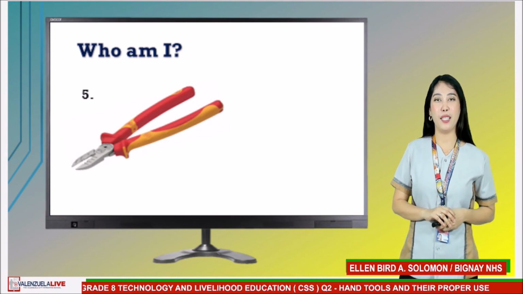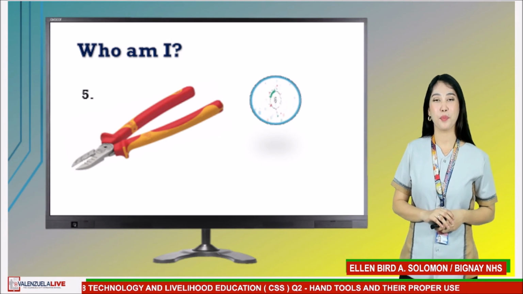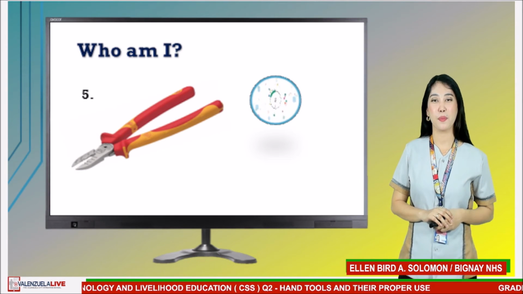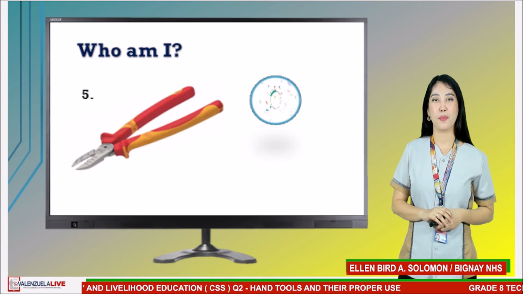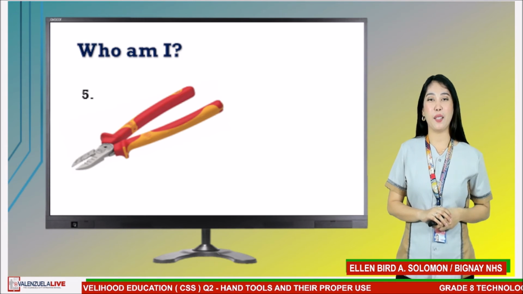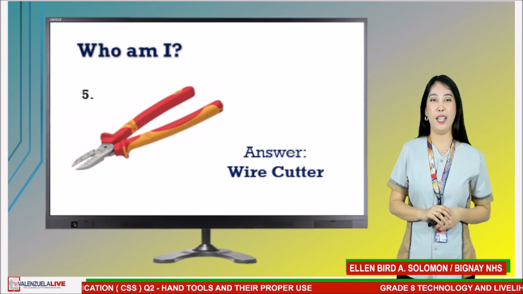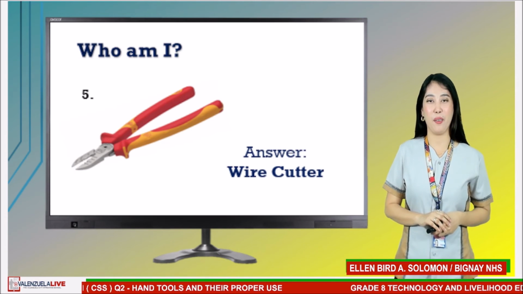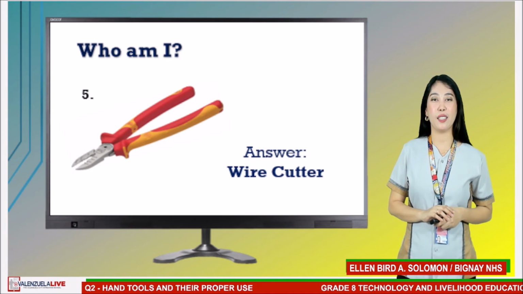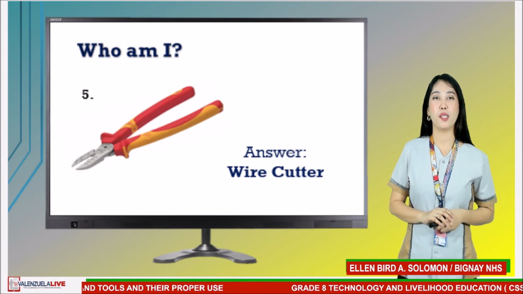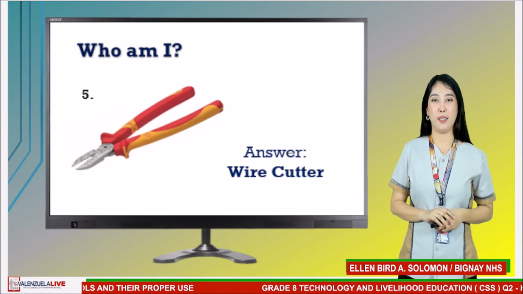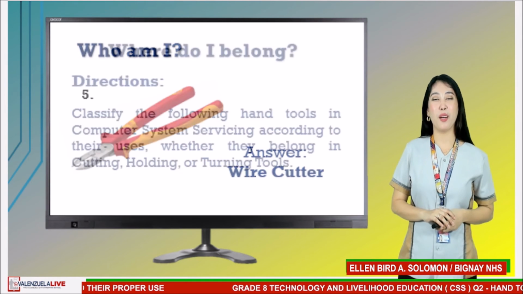Your timer starts now. Okay, so time is up. If you answered wire cutter, you are doing great. So wire cutter is a hand tool used to cut wires. Job well done, learners.